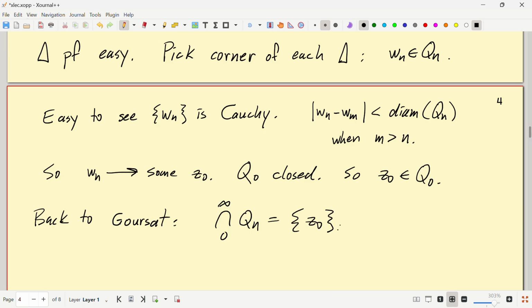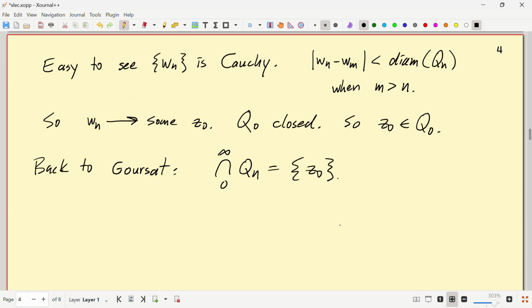Since those diameters are going to 0, it's clear there can't be 2 points in that limit, because then the diameter would eventually be bigger than or equal to the distance between those 2 points, and it's going to 0. So there's only 1 point. Okay, so that Z0 is in all the triangles. And so eventually the triangles are going to get really close to that Z0.